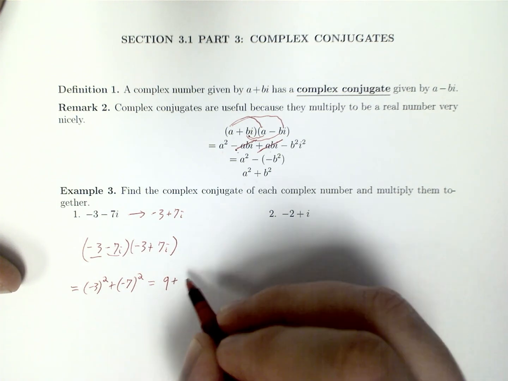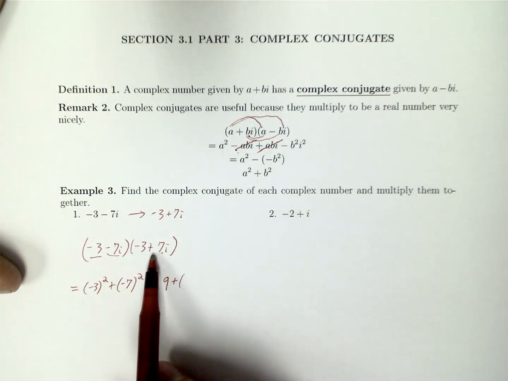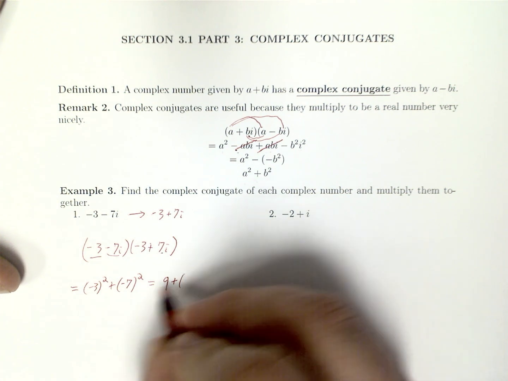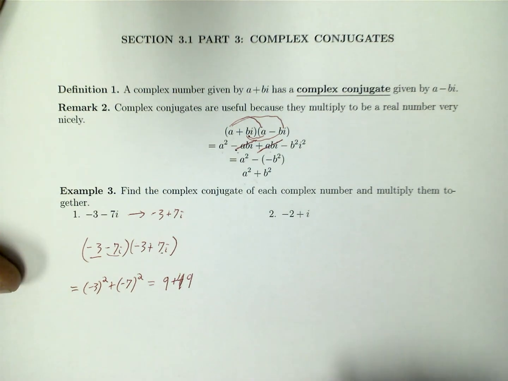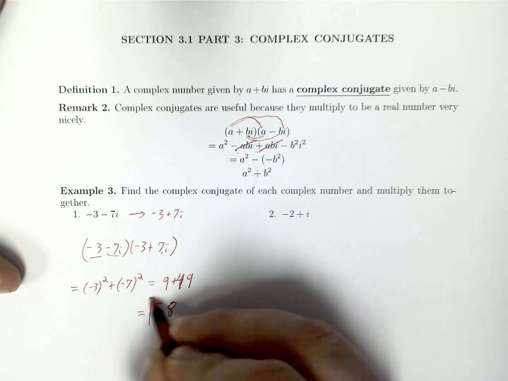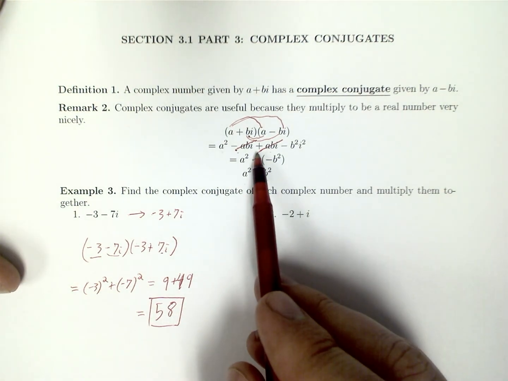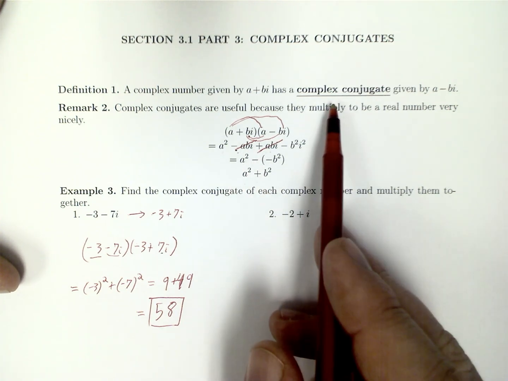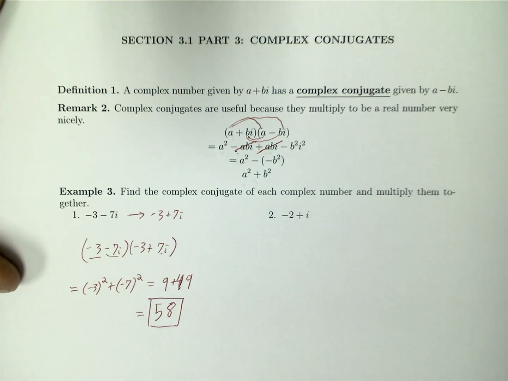Well, it's negative 7 times negative 7, so positive 49. And what is 9 plus 49? Well, that's 58. So without going through the full multiplication, which we did earlier, with the conjugate you get this really nice simplified result.